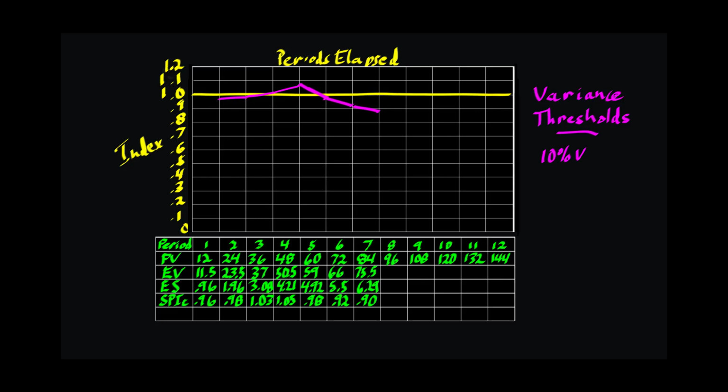To calculate the percentage variance, the formula is start minus end divided by start times 100. So that gives us over the first two periods 0.96 minus 0.98 divided by 0.96 times 100, and that comes out to be minus 2.17.